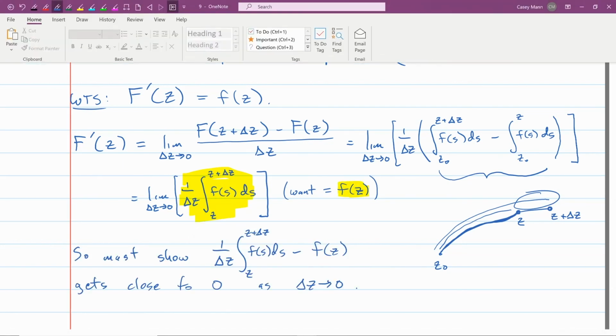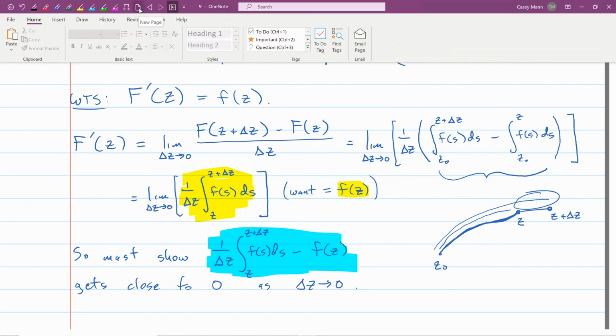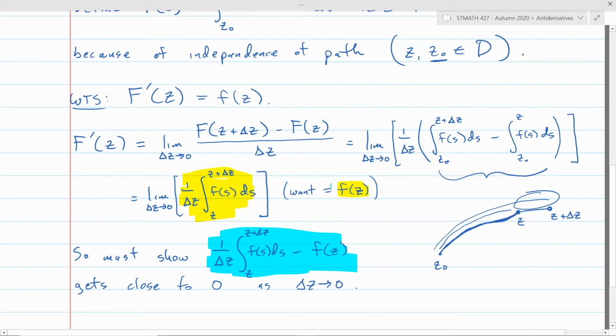So this is the difference here in blue that we need to examine and show that it gets arbitrarily close to 0. The trick is to express f of Z as an integral so that we can combine it with the other integral, and we'll get something we can get a handle on, because we know that our function little f is continuous on this domain.